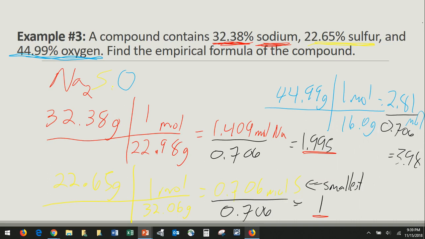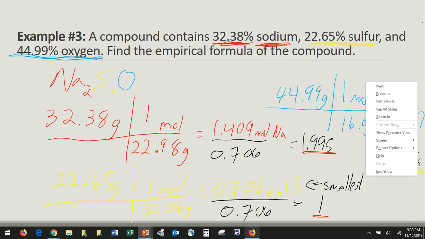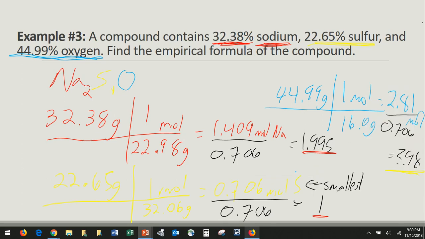So the sulfur has a 1 on it. And then the oxygen, 3.98, essentially, we're going to round that up to 4. So the formula for this compound is Na2SO4. And so what we've made is sodium sulfate, or what we found based on that percentage.